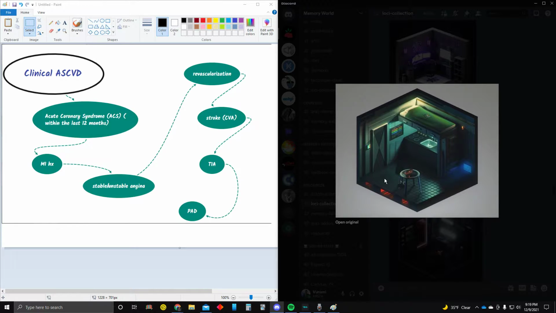But at the same time, I also want you to know that Petra is one of the Ender's Game characters who is considered to be a best friend of Ender, actually. I guess a very close friend at least. And so we can think of these two individuals as a cute couple. So acute coronary syndrome, just another factor that can help us remember that this is acute coronary syndrome that is a part of clinical ASCVD.